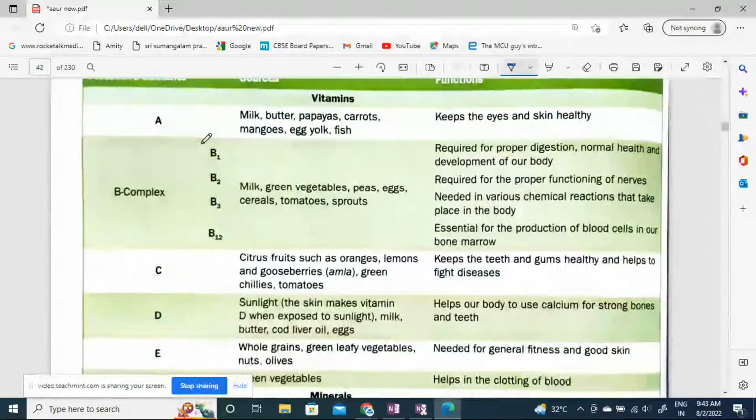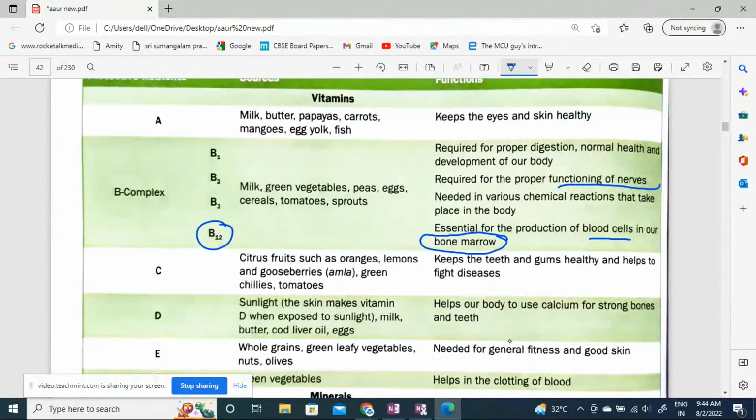Vitamin B1 for proper digestion, B2 functioning of nerves, B3 chemical reactions, B12 for production of blood cells in the bone marrow. So be attentive. And for A, keep the eyes healthy mainly.